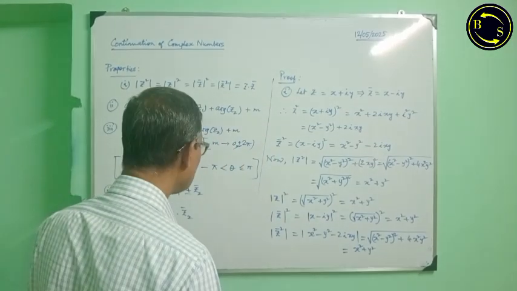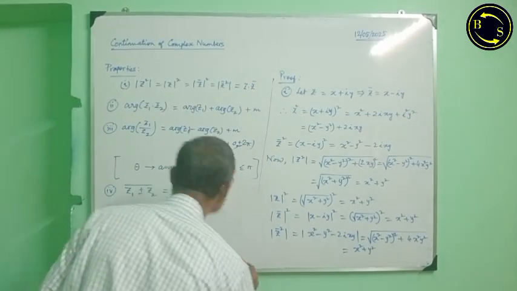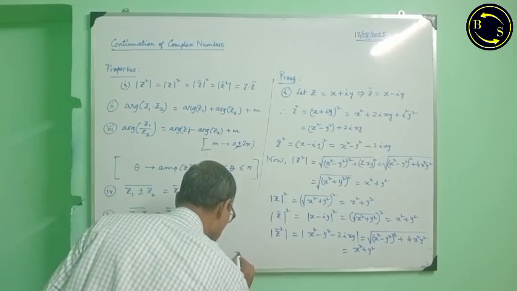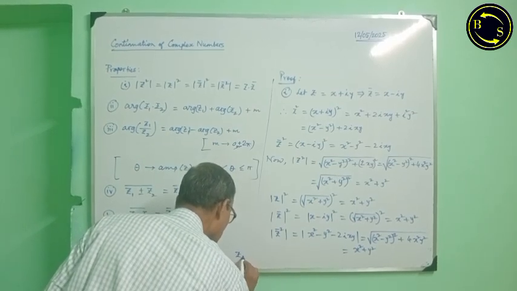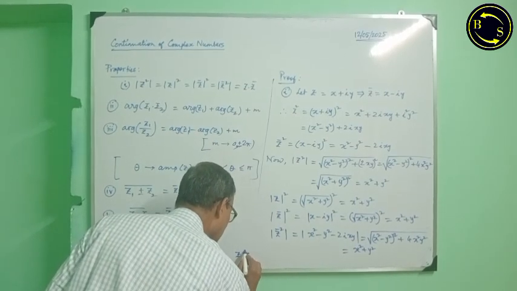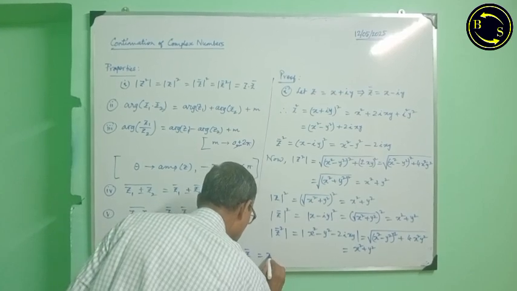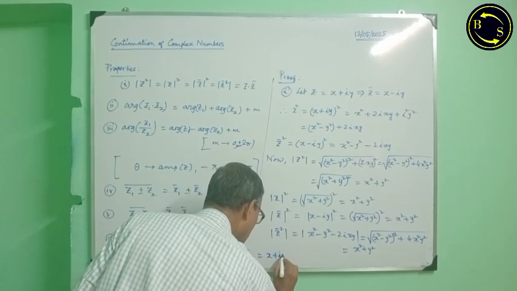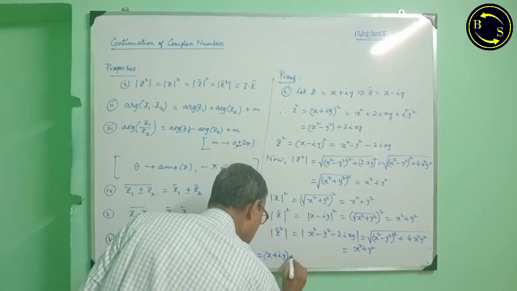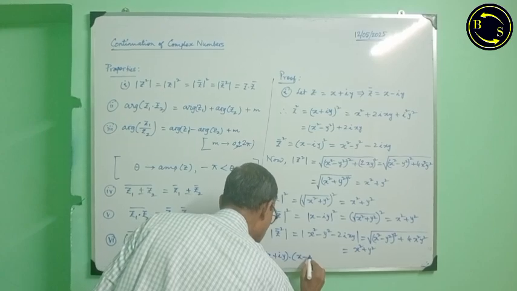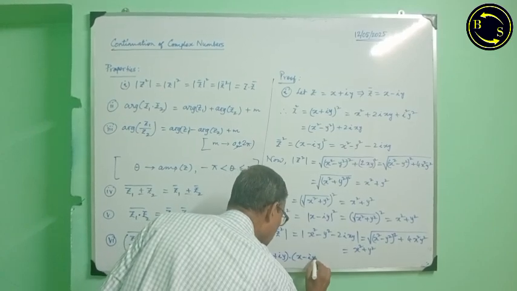Then another one is z into z bar, that is equal to x plus iy into x minus iy.